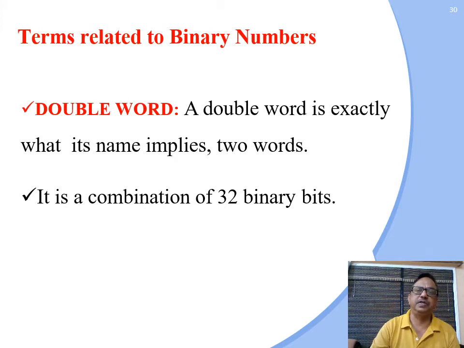This is how we can understand how many bits our computer system has, and if it has 32 bits it can be said to be a double word. If it is 64, then how many bytes are there? There are 8 bytes, and so on.